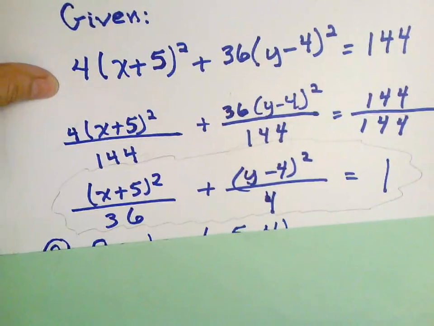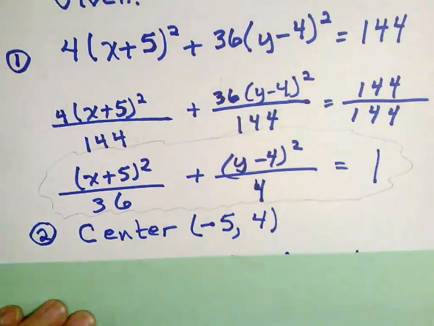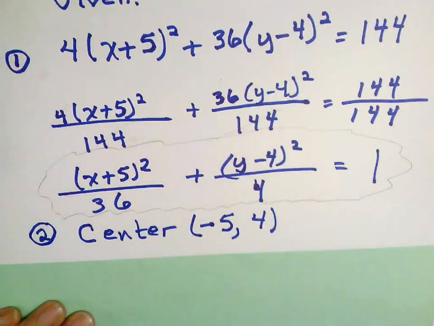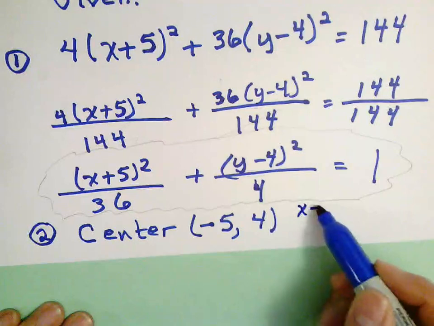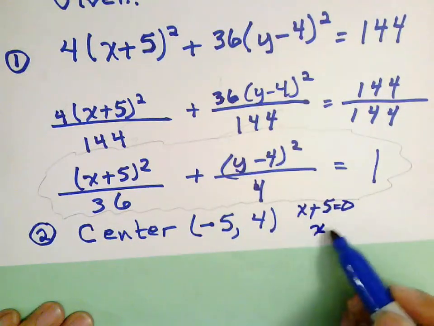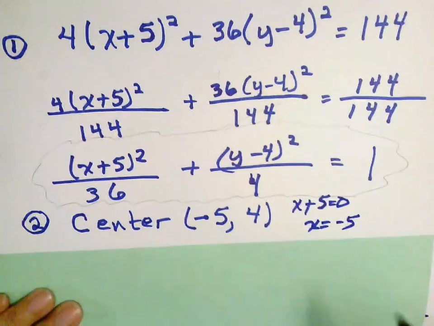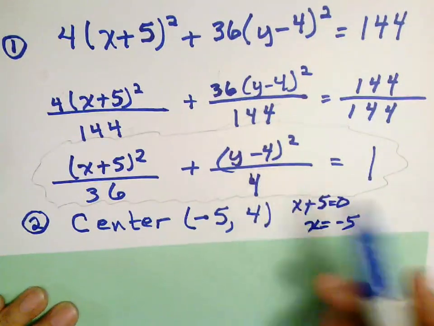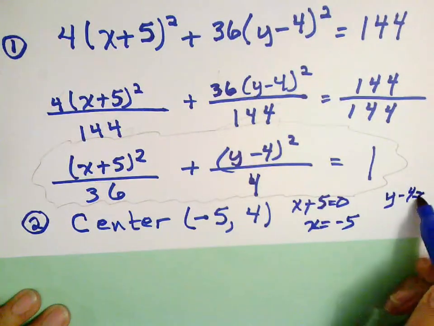Now, remember the center? It's different from the origin this time. Well, how did we get that center? Within the parentheses, we take the x plus 5, set it equal to 0. So x equals -5. We take the y minus 4, set it equal to 0.